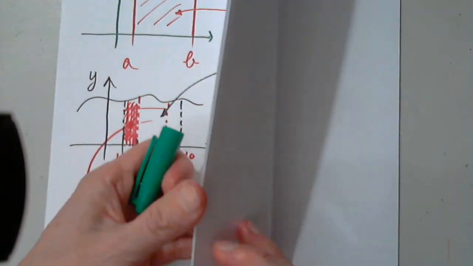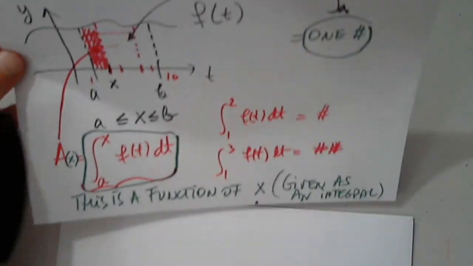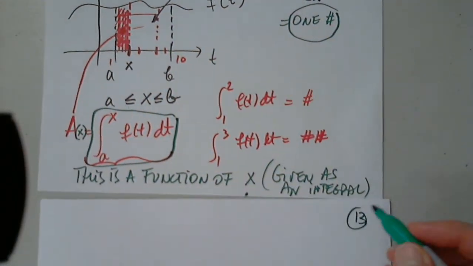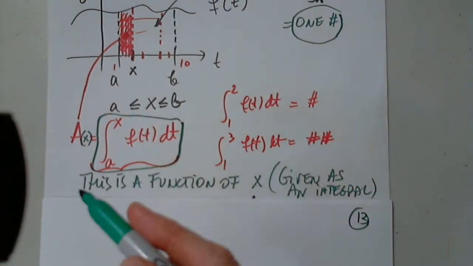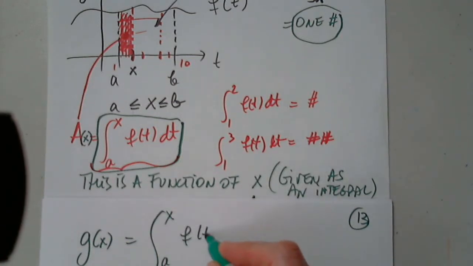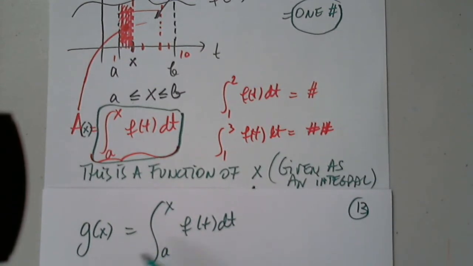Fine. So what? Well, we're going to denote that. It's not that it's important right now, but for the illustration of the theorem, I'm going to call this g of x. Okay, so now we know how this comes about. How?